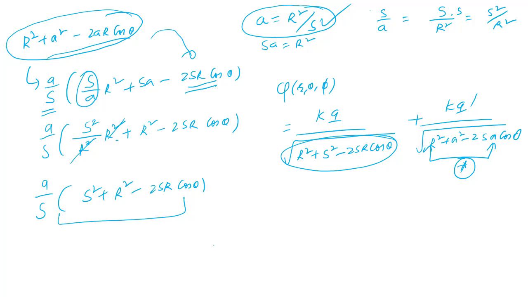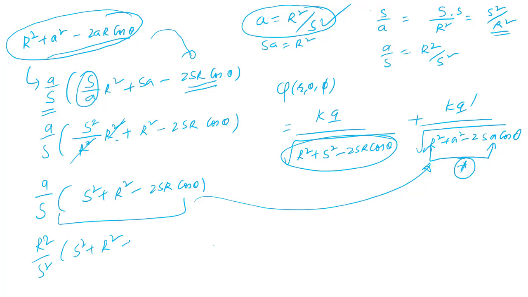So then if I plug this form in there, s by a is s squared by r squared, so a by s is going to be r squared by s squared. So this is going to give me r squared by s squared plus s squared plus r squared minus 2sr cosine theta.